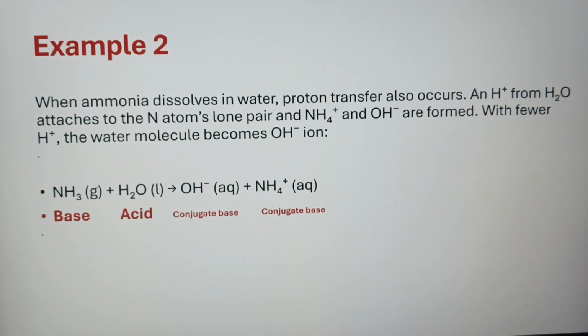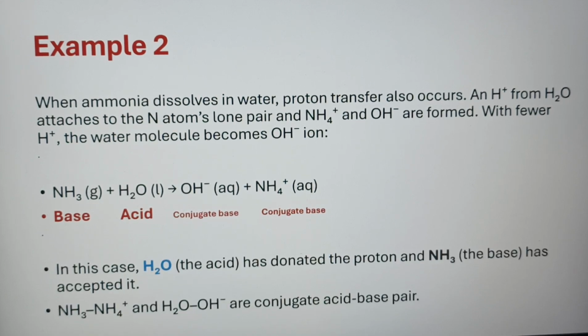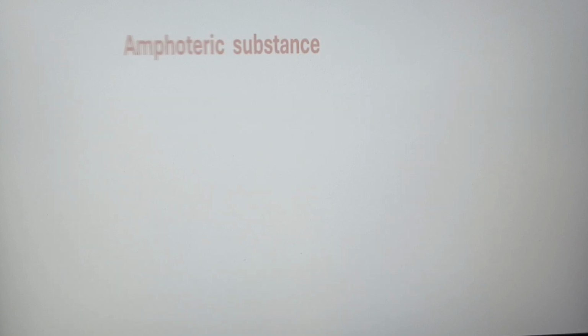Here ammonia is the base, water is the acid since it donates a proton, hydroxide is the conjugate base, and ammonium ion is the conjugate acid. Again, this reaction shows how proton transfer leads to the formation of conjugate acid-base pairs: ammonium ion and ammonia, and water and hydroxide ion.